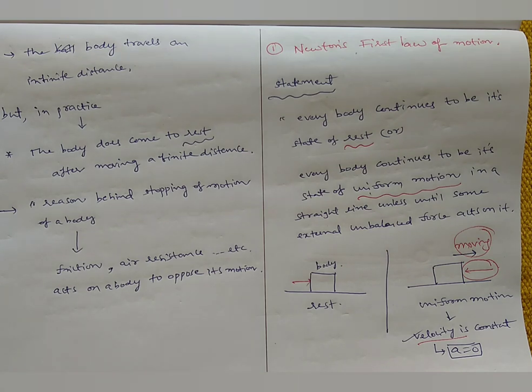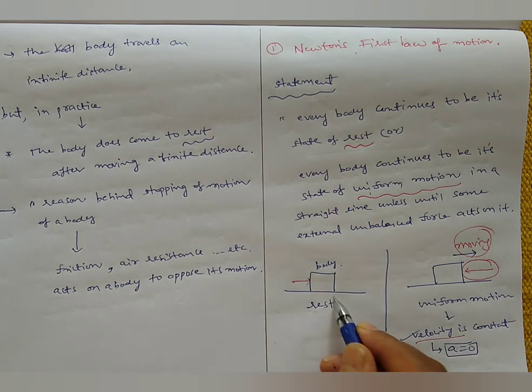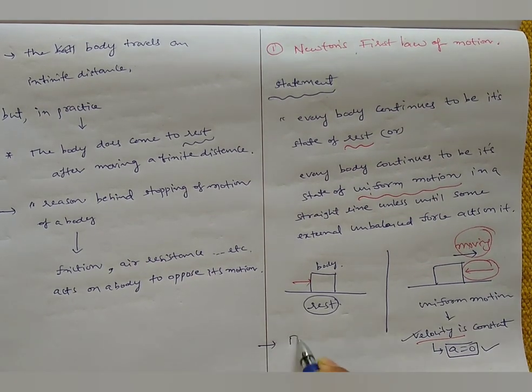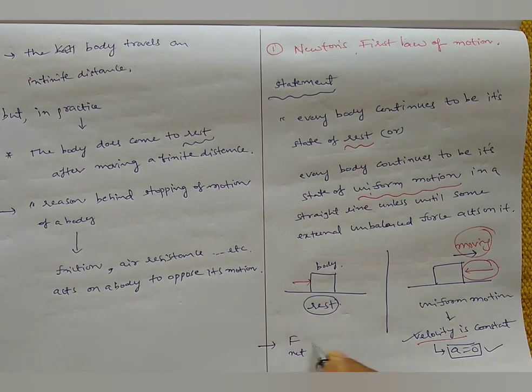Suppose if the net external force acting on the body, here we are saying that this is rest. Rest means, and here acceleration is 0. Here rest means you can say that the net force acting on the body is 0. See, you cannot say that body is at rest and no force is acting on the body.